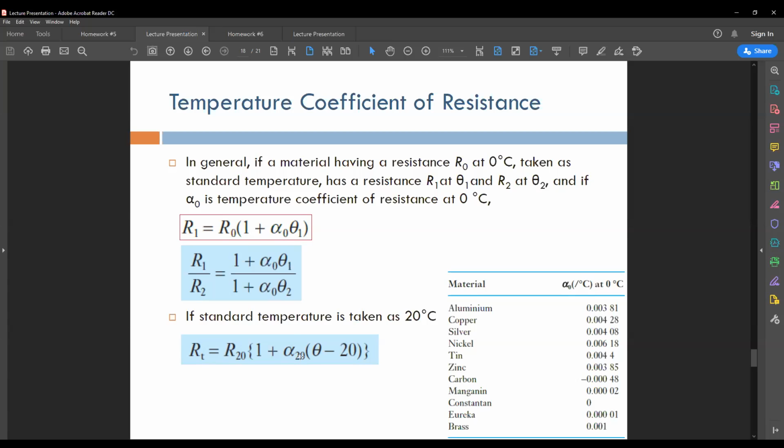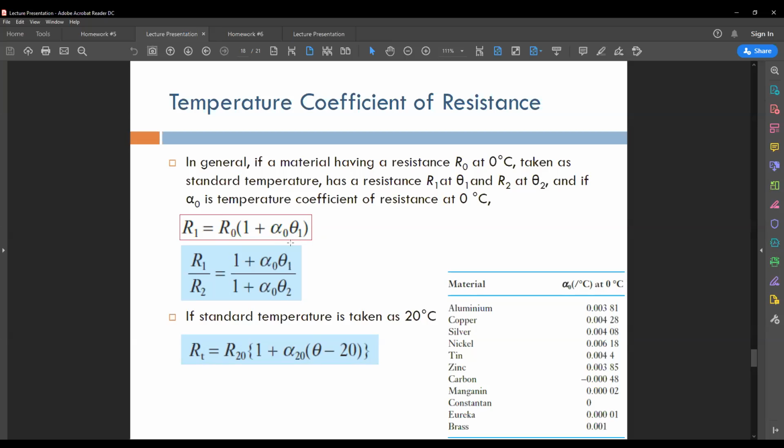If I have alpha 20, for example, the temperature coefficient of resistance at 20 degrees, then I should have theta minus 20. So depending on the reference temperature for the alpha, I can use this equation or that equation.